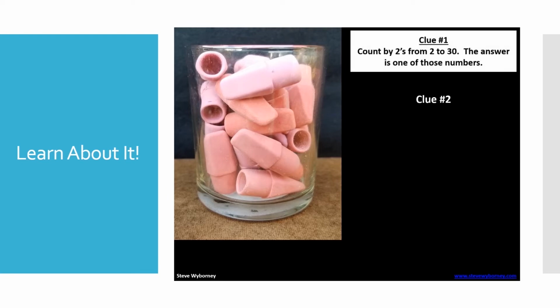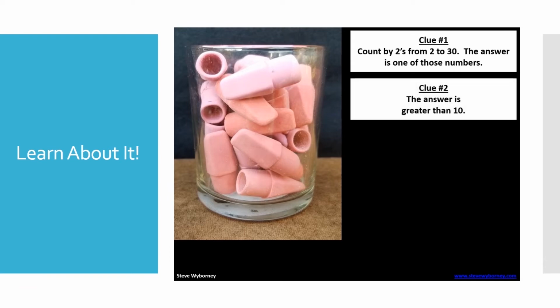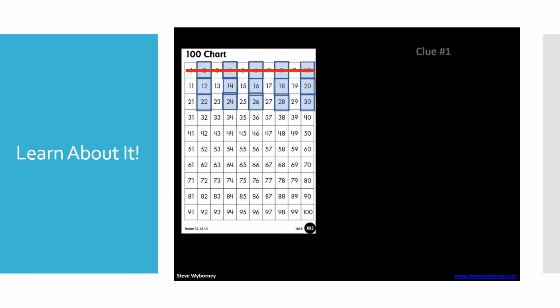So far we know that one of the numbers when counting from 2 to 30 by twos is our number. Our next clue is that the answer is greater than 10. Let's take a look at what numbers we can now get rid of. So now we can cross out the entire first row of numbers.